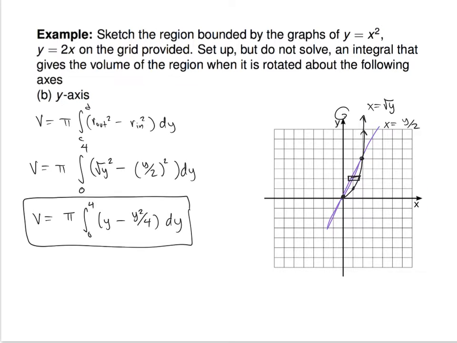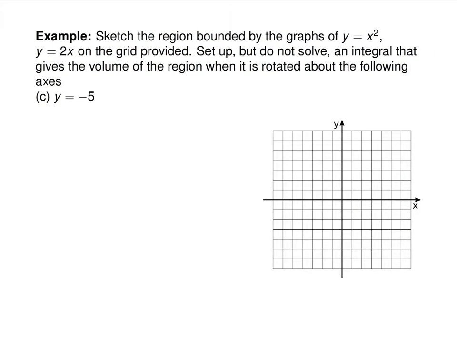Okay, y equals -5. So first of all, is that a horizontal line or a vertical line? Horizontal line. Okay, so there's y equals -5, and the parabola. Here's the line. So y equals -5 is a horizontal line down 5.